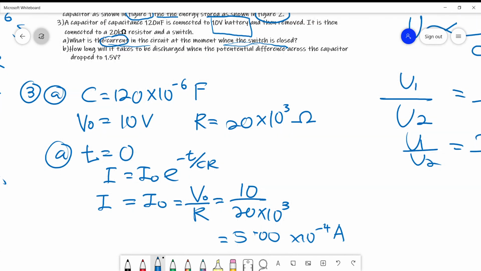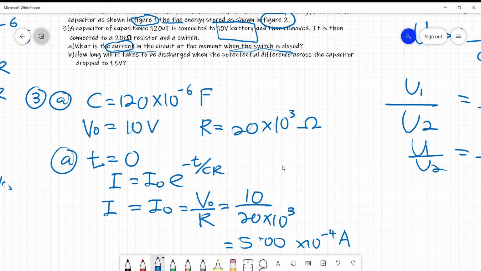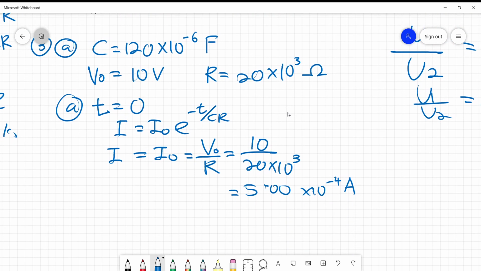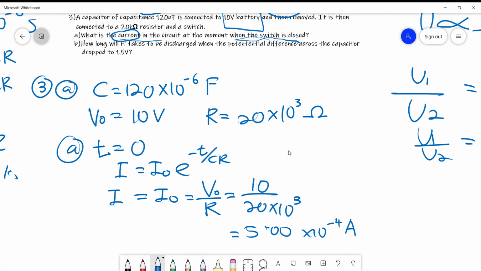And how long will it take to discharge when the potential difference across the capacitor drops to 1.5 volts? The question is asking for the time taken for the potential difference to drop to 1.5 volts.